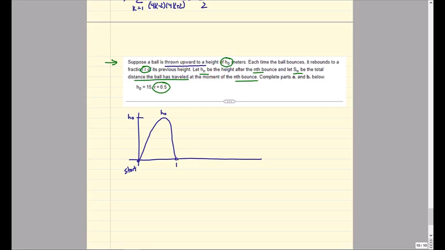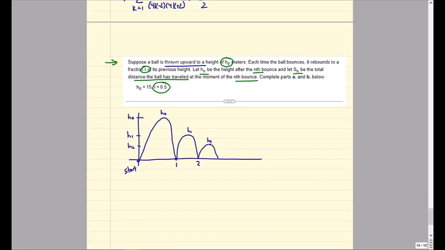And then what it does is it bounces up, in this case, half the height, 0.5. And so this height right here is h1. Then it's going to hit again on the second bounce, and it's going to go half the height, and this is h2.